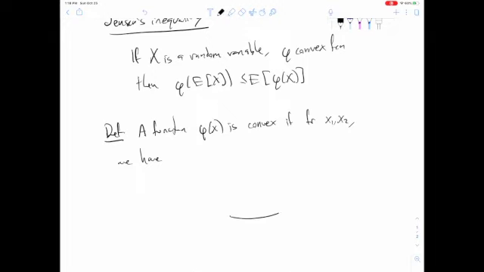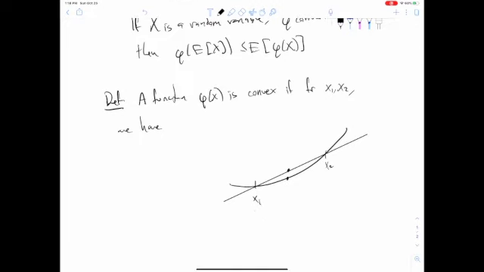Okay, so if I have x values x1 and x2, then the idea is that you're convex if the straight line that connects them lies above the value of the function. So how do I describe the x value of this point?